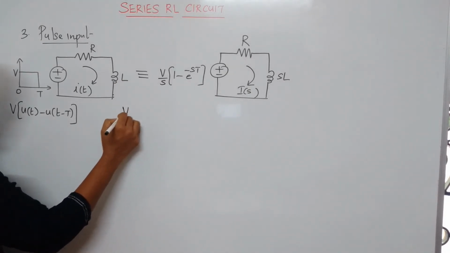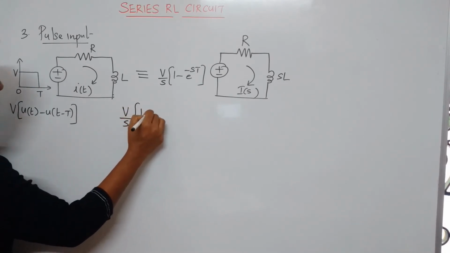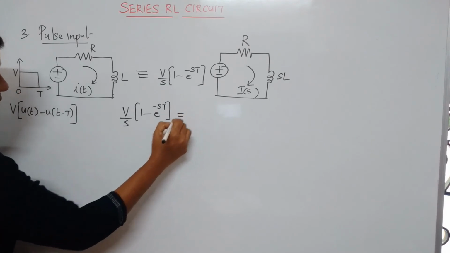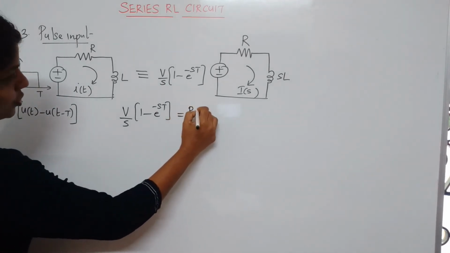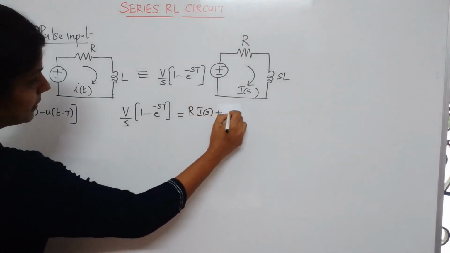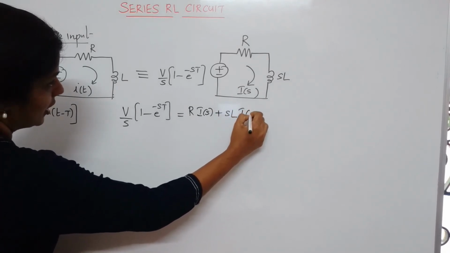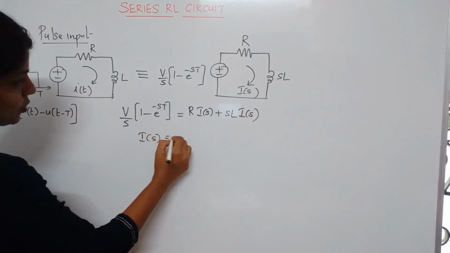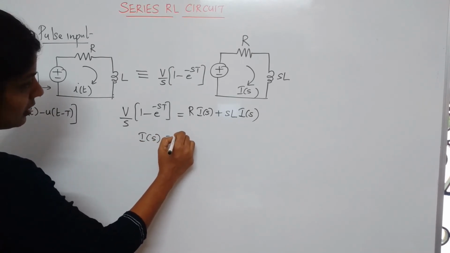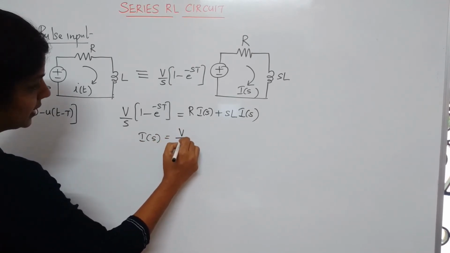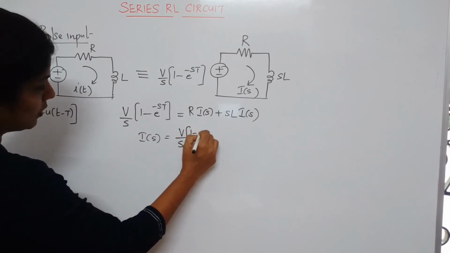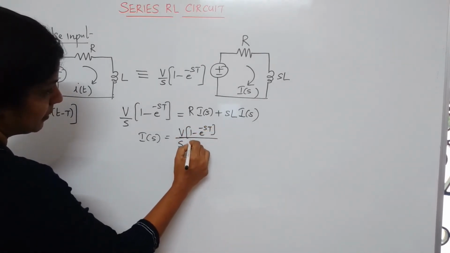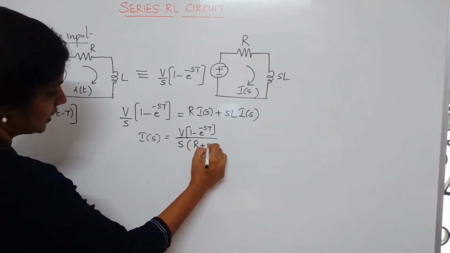The input V by S into 1 minus e raised to minus sT equal to R into I of S plus SL into I of S. Or I of S will be equal to V by S into 1 minus e raised to minus sT divided by R plus SL.